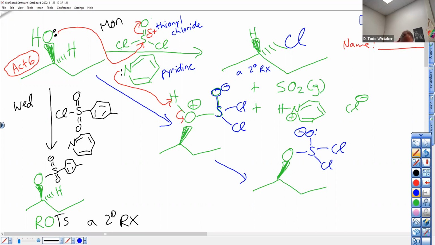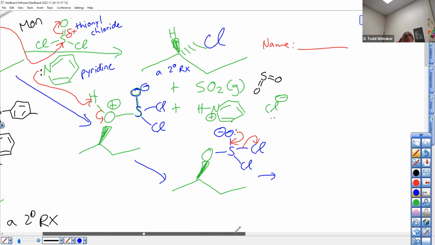While I draw SO2 gas to remind you maybe how you can get there. There's SO2 gas. It leaves because it gets kicked off. The lone pair does what? On O minus, becomes a pi. It resonates down and kicks off Cl minus. No, S hangs around for a while.